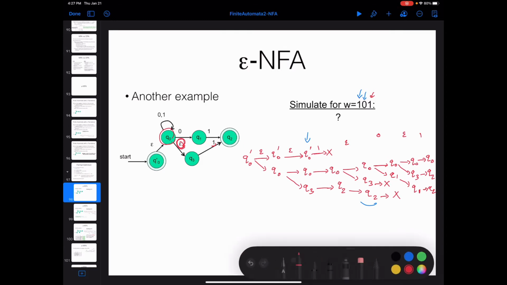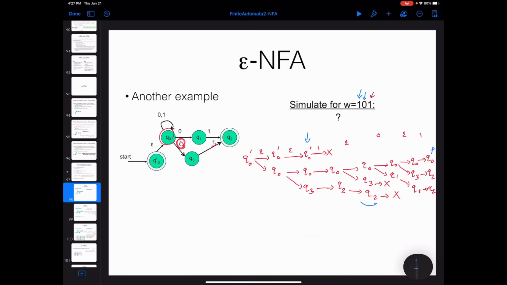So even here, from Q0, you would apply the epsilon transition and say that it is possible that you stay at Q0 or move to Q1. So finally, at the end, you can be either at Q0, Q2, or Q1. And because you can be at Q2, which is a final state, this string is going to be accepted.